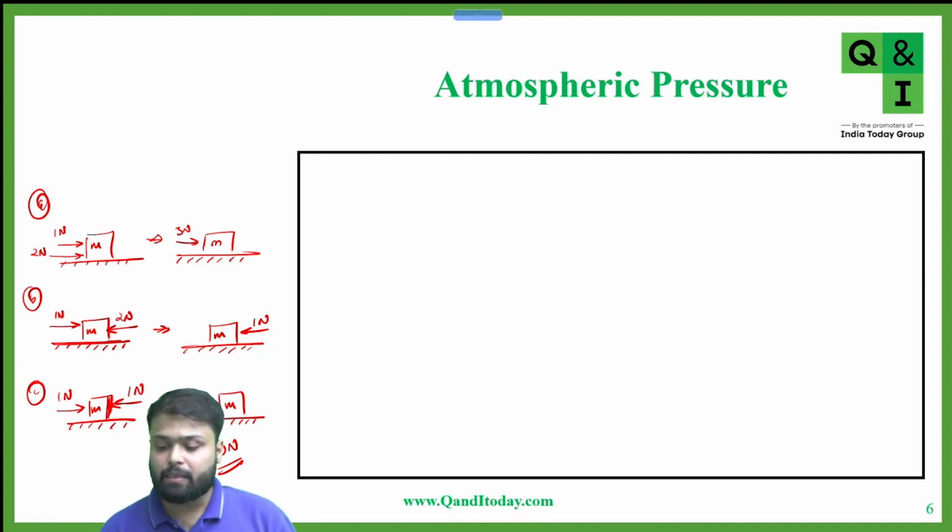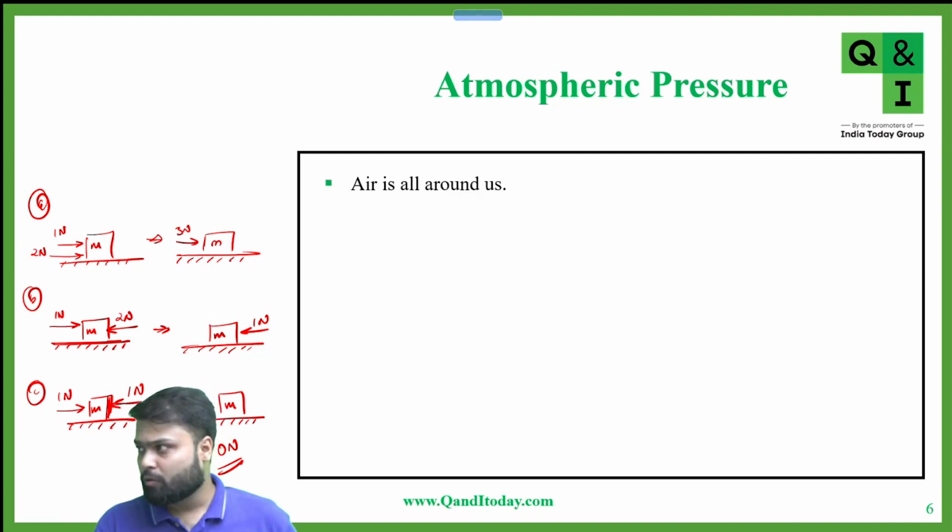Now today we will see about atmospheric pressure. So first thing is that air is all around us. Yes or no? In fact, above the surface of the earth, let's say up to 300 km, we have atmosphere.